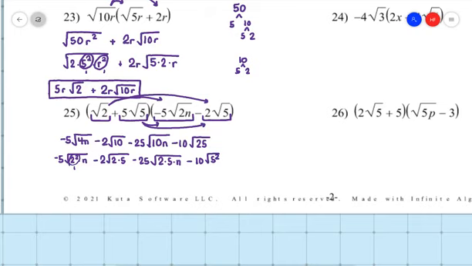And then here, this is a power of 2, so there's no remainders.